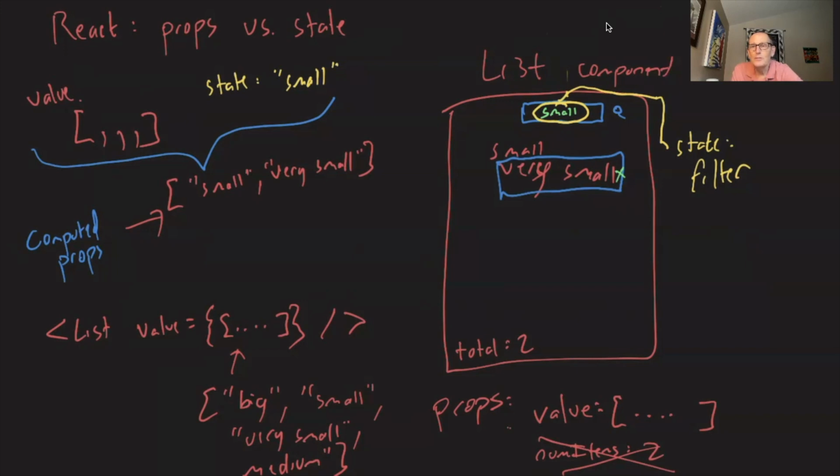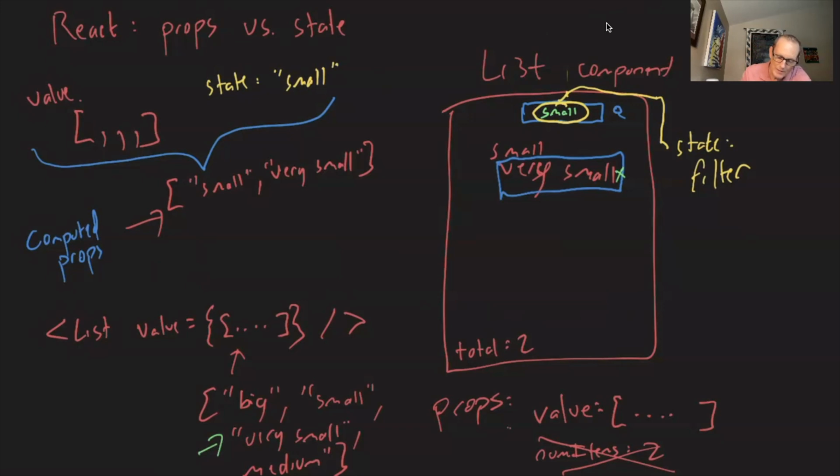But the parent doesn't know anything about filtered lists. So from its point of view, this is the third element of the list, at index number 2. And so we might pass back a callback to the parent of our list, a message containing index number such and such has changed value.